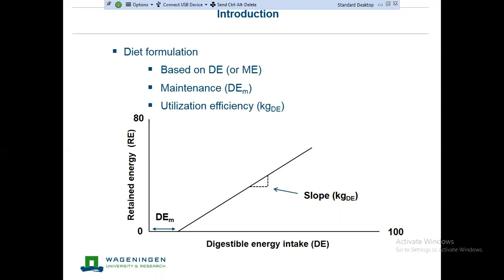Another approach, also called utilization efficiency, calculates the DE based on the digestibility and divides this value by the GE, the gross energy. Then they say, okay, this is also utilization efficiency. However, in my talk, the utilization efficiency is based on the model.